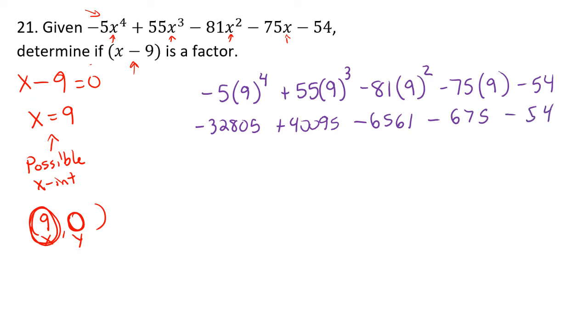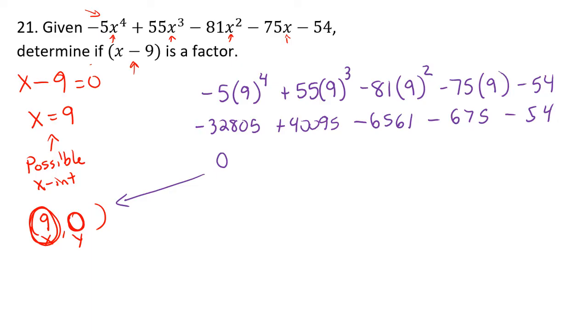Now I'm just going to type this into the calculator. Negative 32805 plus 40095, subtract 6561, subtract 675, subtract 54. I get the number 0 when I do that. That confirms that 9 is an x-intercept.